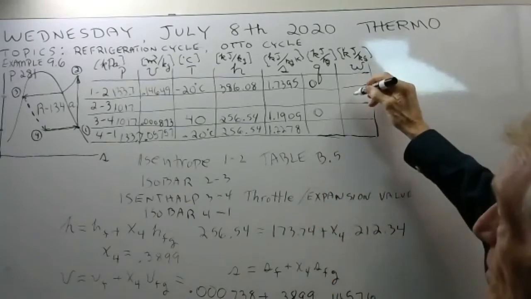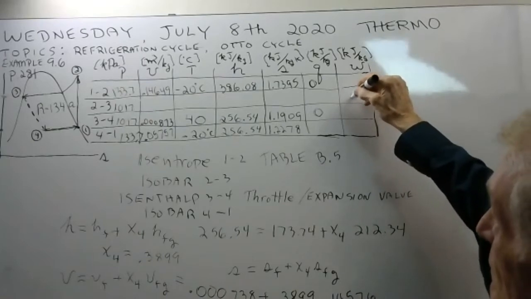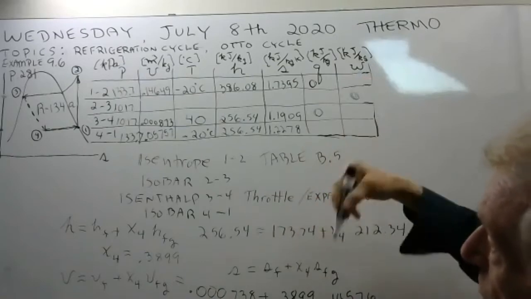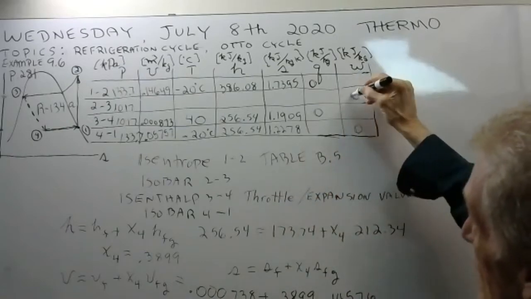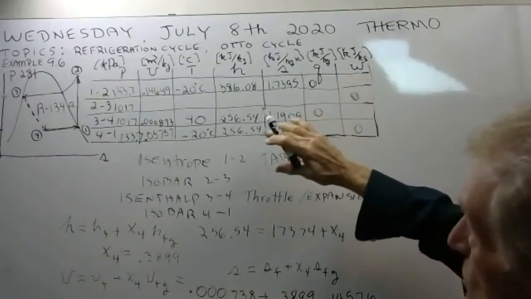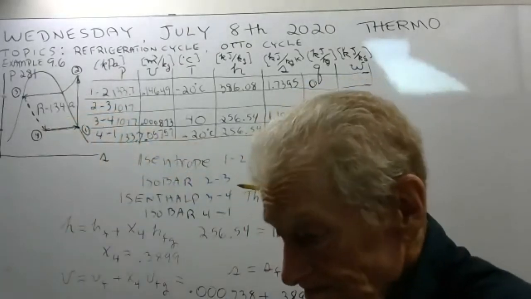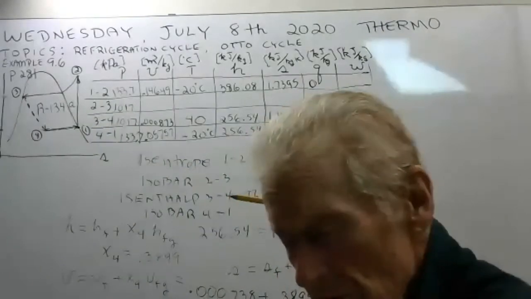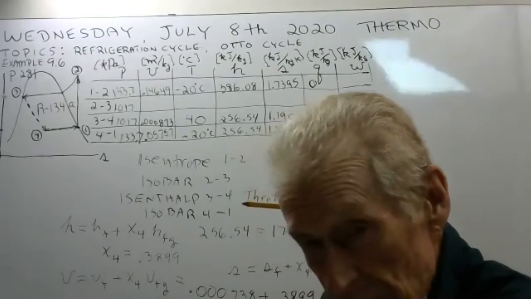No, it's these others, 2 to 3 and 4 to 1. Now the question is, I'm still with Cameron now. Cameron, 2 to 3 is a condenser. Condensers don't do any work. They just condense.